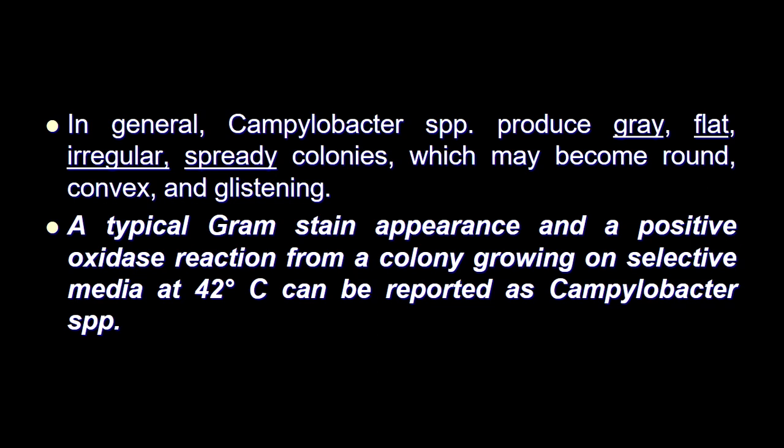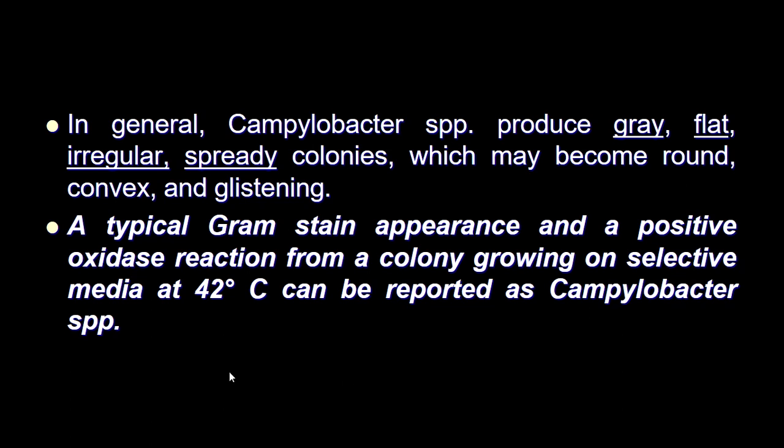Campylobacter, for example, is usually an oxidase positive organism, to differentiate them from members of the Enterobacteriaceae, and also from those like Vibrio cholerae. So it's extremely important to know their oxidase reaction.